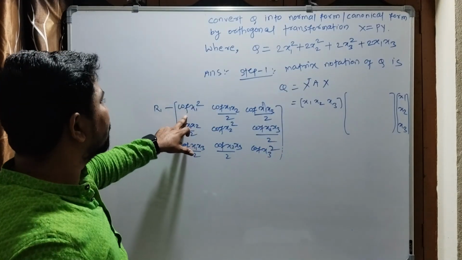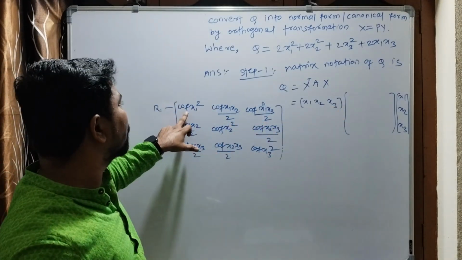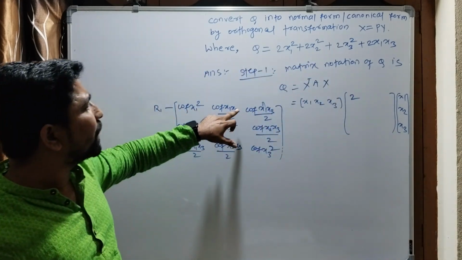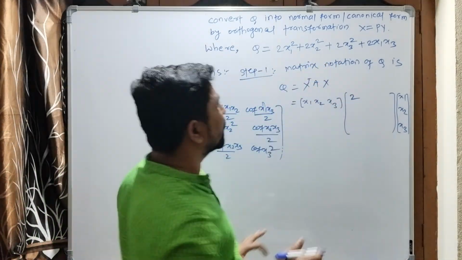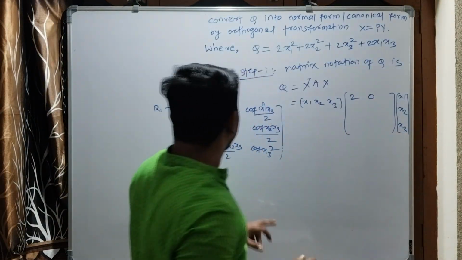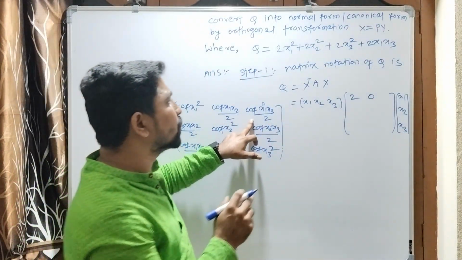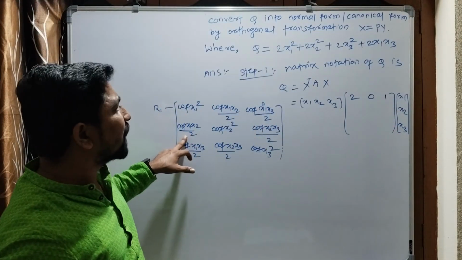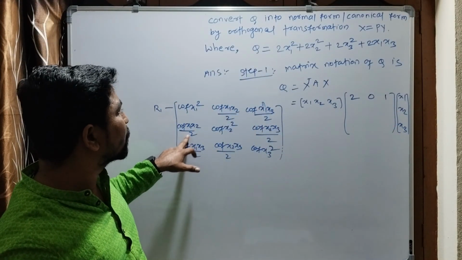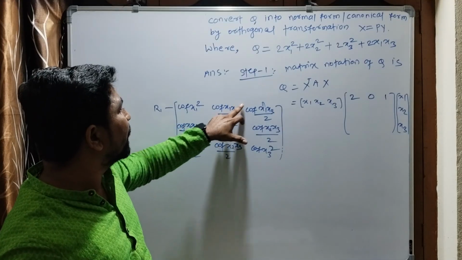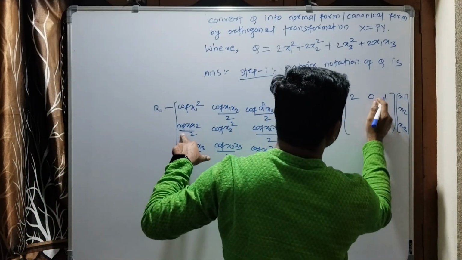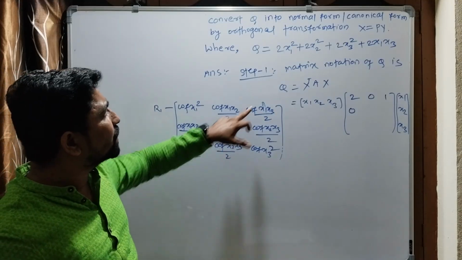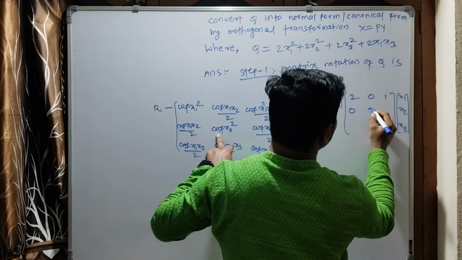Now write the matrix corresponding to this. The coefficient of x1 square is 2. The coefficient of x1x2 by 2: x1x2 is not there, so write 0. The coefficient of x1x3 is 2, and 2 by 2 is simply 1. Now the second row: a12 is the same as a21, so it is 0. The coefficient of x2 square is 2.